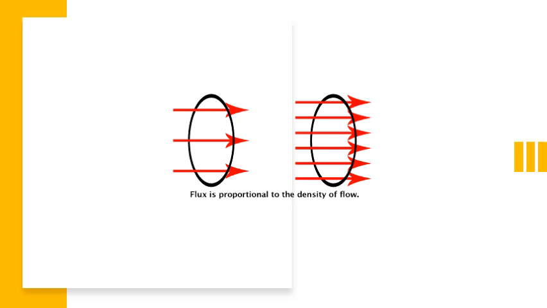Can you see the difference between these two figures? In the previous figure, only three lines are shown, whereas in the second right hand side figure, six arrows are shown.